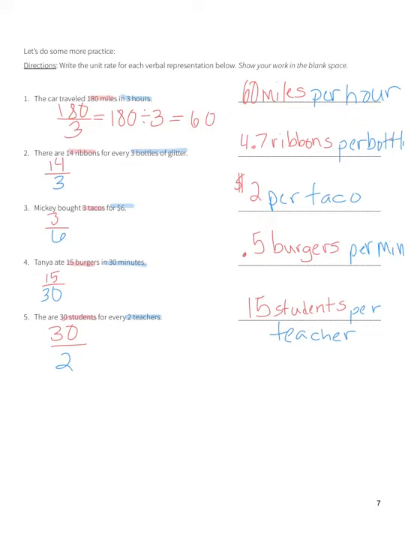Remember, we always have our numerator, denominator. We do 14 divided by 3. Whatever the answer is, this first thing per bottle. So the per bottle is the denominator. Whatever is on the bottom is the one that it's per. So go ahead, pause the video, look at the answers, and let's move on.